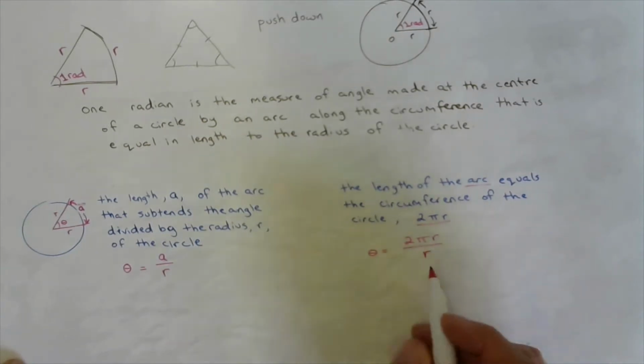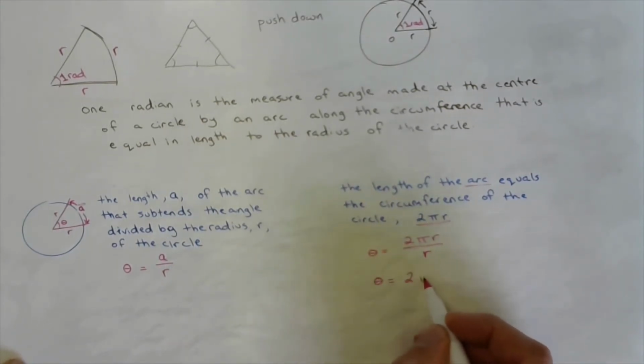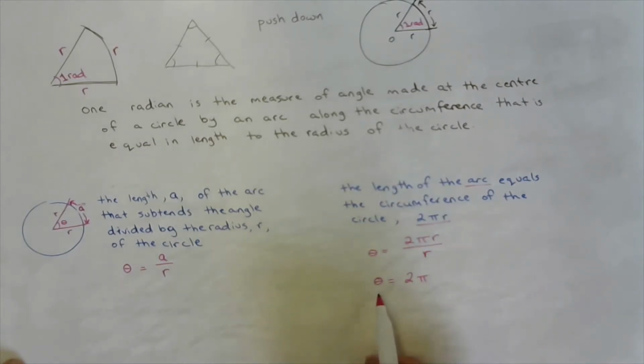We can cross out our r's in the numerator and the denominator, and we get a formula that says that for one full revolution, the angle of theta is 2 pi.